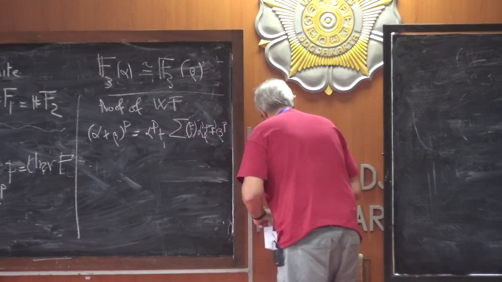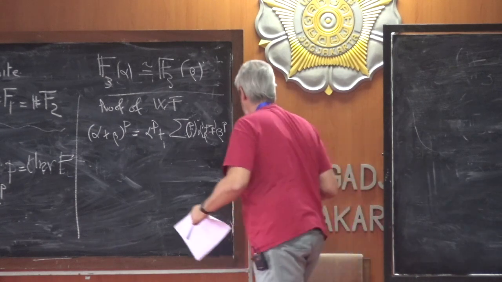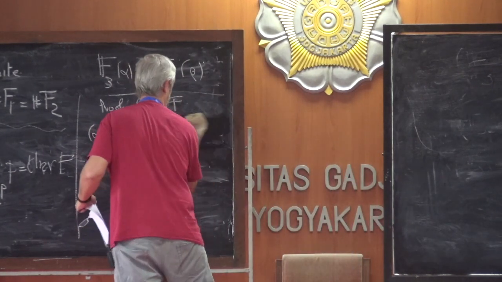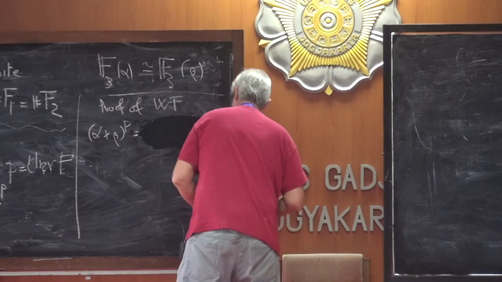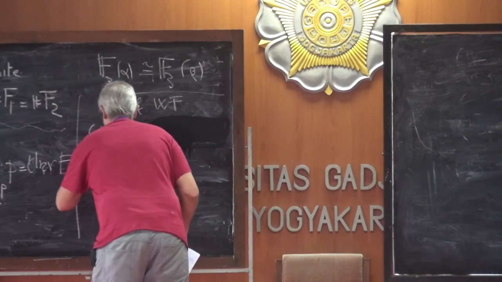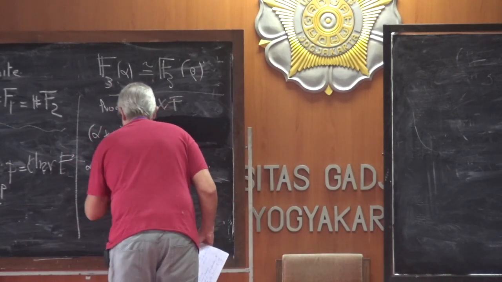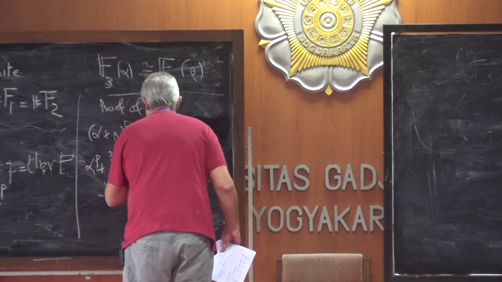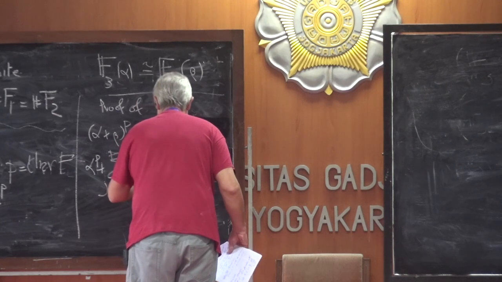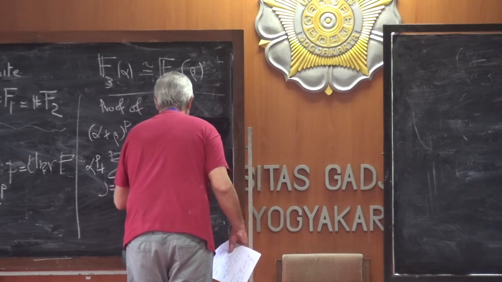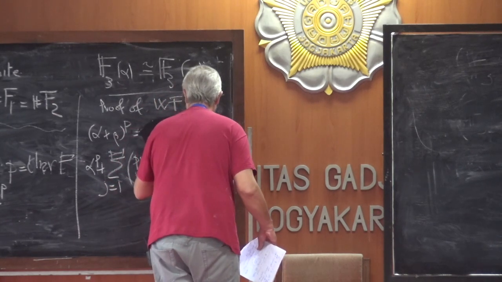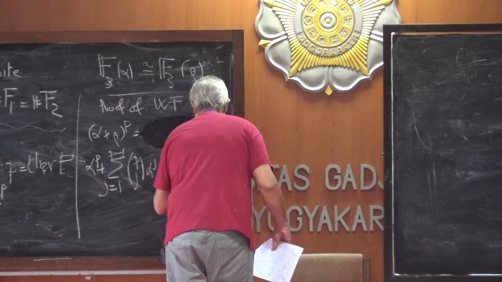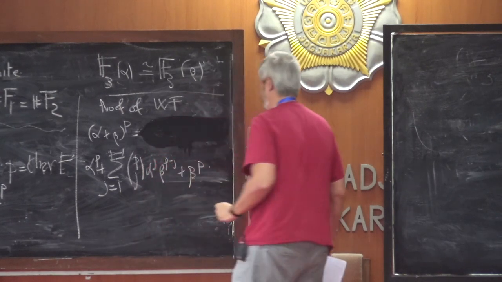Sorry, I'm going to rewrite it. This is really unreadable. So this is alpha to the power P plus the sum for J that goes from 1 to P minus 1 of P choose J, alpha to the J, beta to the P minus J, plus beta to the P. Right?